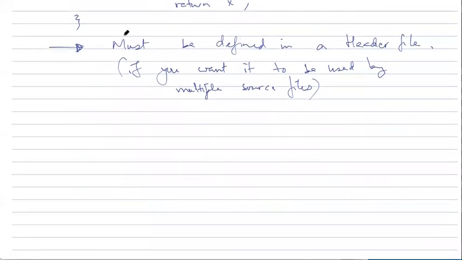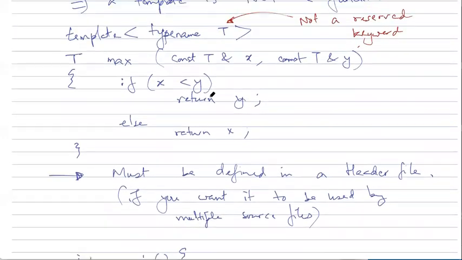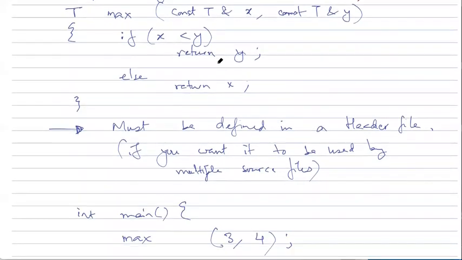Okay, so let's take an example of how it is going to be used. So int main, so suppose in the main function, now you want to use max. So max we want to do between, let's say, two integers 3 and 4. Okay, so this is what you are used to writing, right? You are used to writing the function name followed by the arguments, but here you have to specify which type you are referring to.